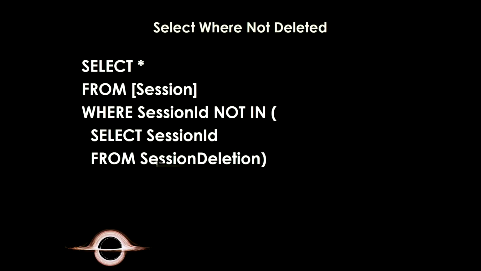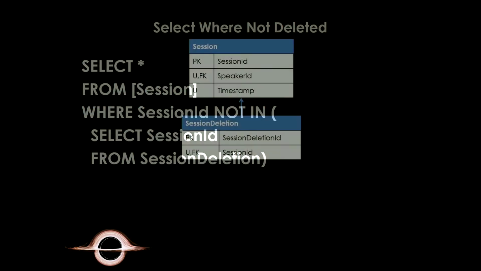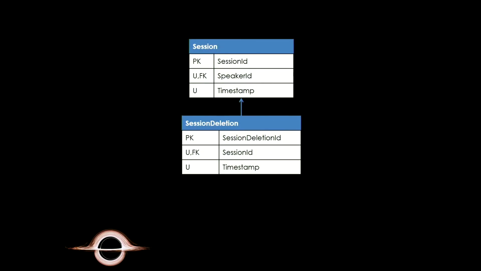So yeah, here is the query that we were talking about for seeing all of the non-deleted sessions. But what we're talking about now is, what if I need to have an additional uniqueifier for the deletion, so that then I can identify a deletion by its session ID and its timestamp.